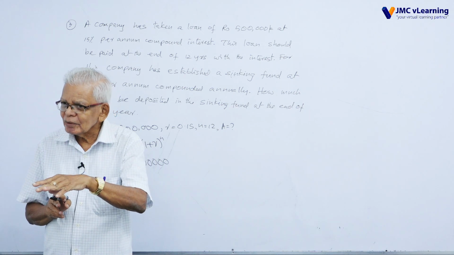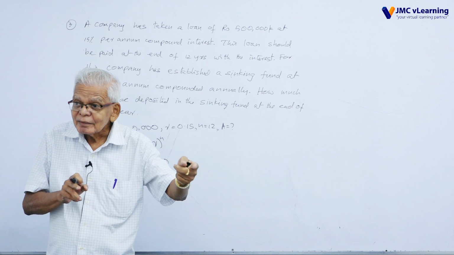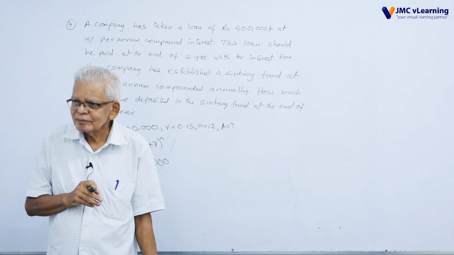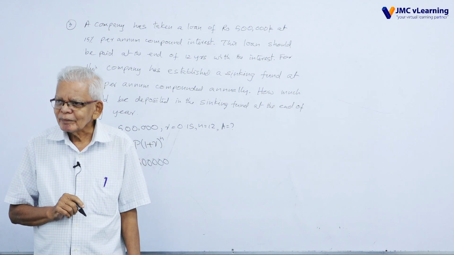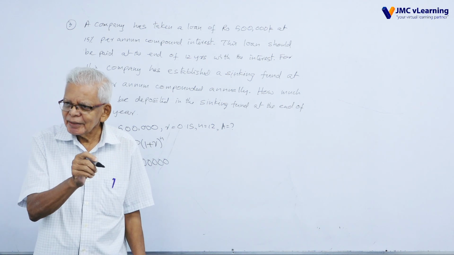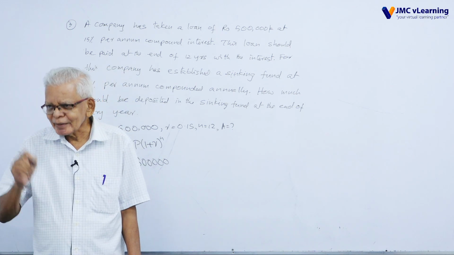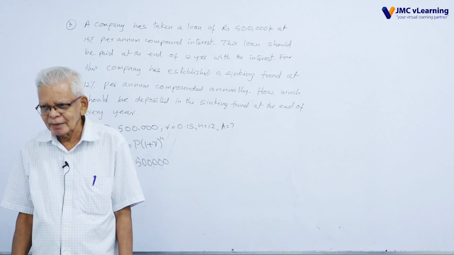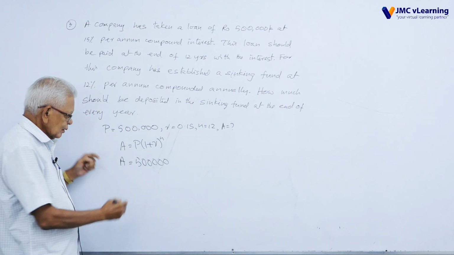If you don't withdraw the money, in the second year they are paying interest not only for 500,000 but also for that interest. Interest also adds to your principal. At the end of the first year, they add that interest, then on the total amount they pay interest for the second year. That is what we mean by compound interest, right? So this is the formula we are using, right?